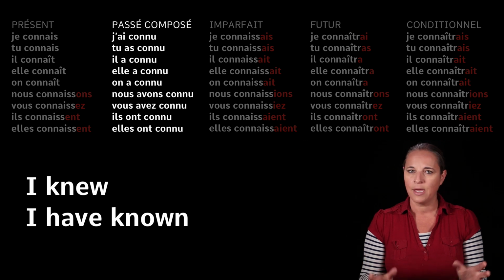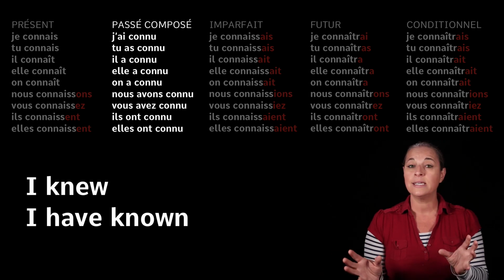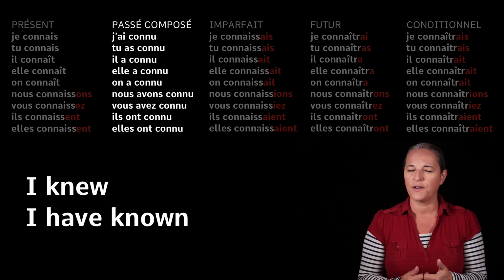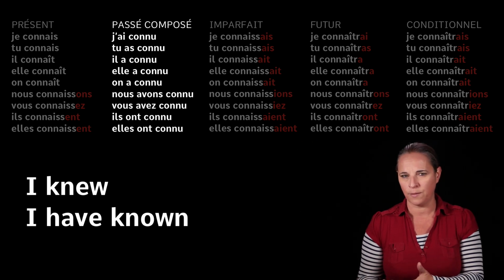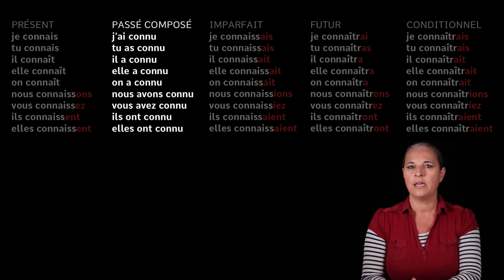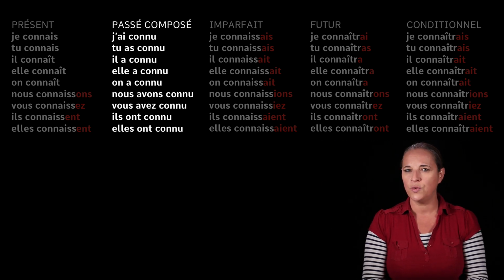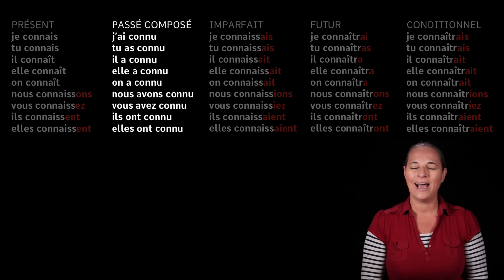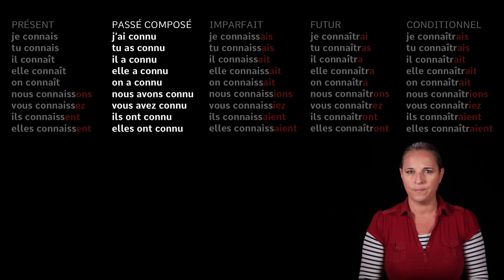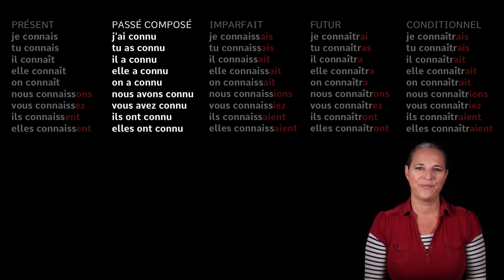These two tenses in English have only one in French, which is I have known. So here we go. J'ai connu, I have known. Tu as connu. Il a connu. Elle a connu. On a connu. Nous avons connu.